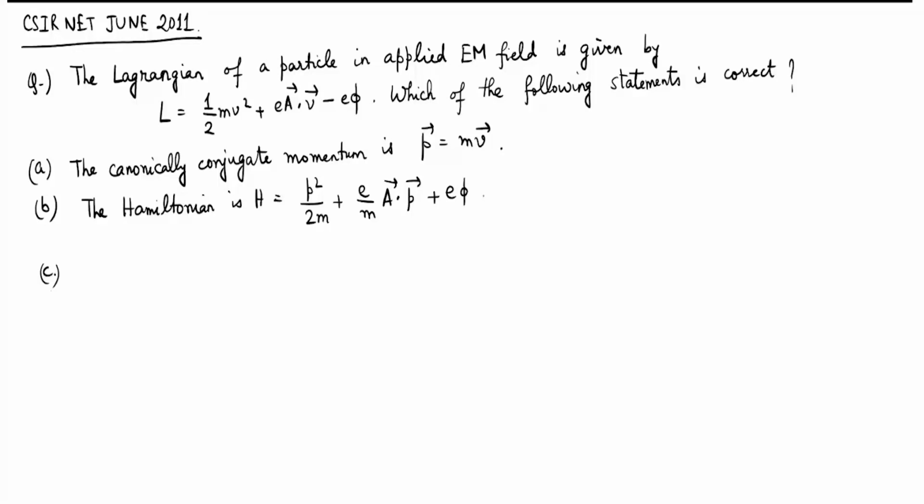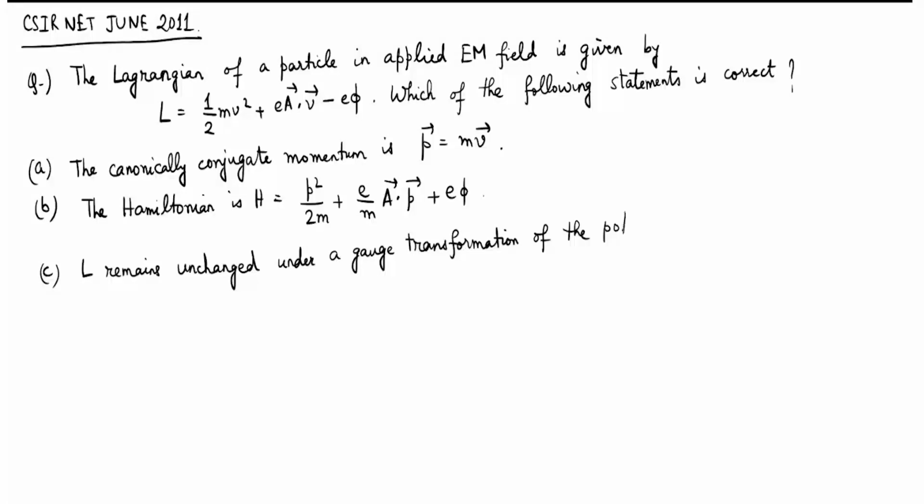C. L remains unchanged, L meaning the Lagrangian, under a gauge transformation of the potentials. So one option is correct.